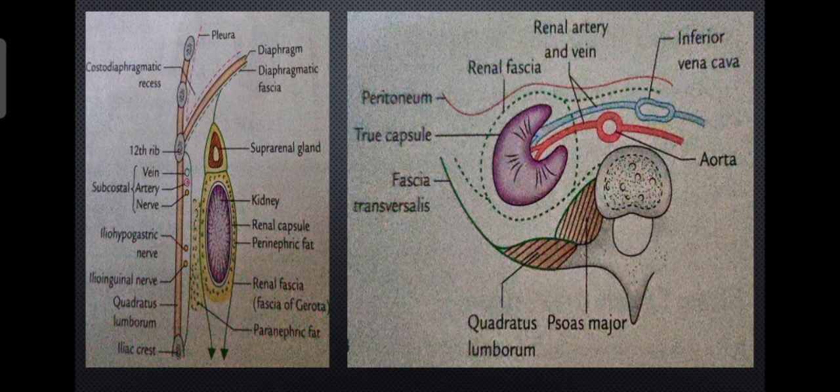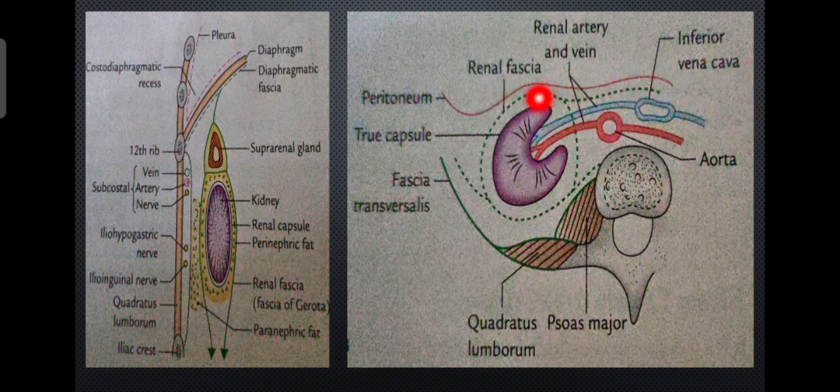But on the medial aspect, the anterior layer just runs anterior to the great vessels, that is the inferior vena cava and aorta here. So it lies anterior to these and joins with the fascia of Gerota of the opposite side.